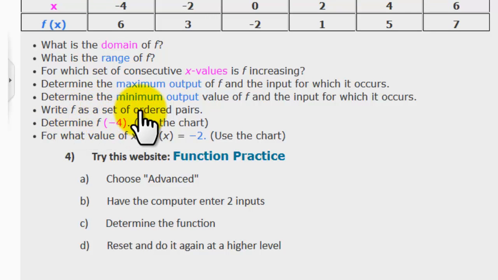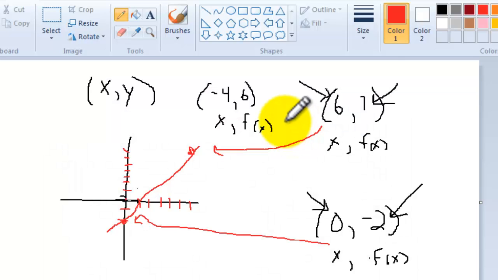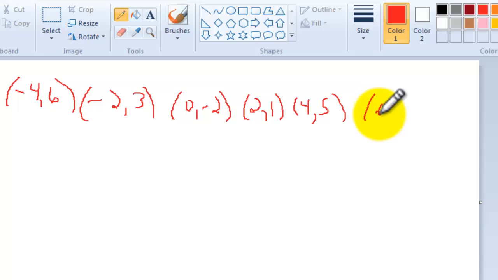Write f as a set of ordered pairs. The whole function is a set of ordered pairs. Those ordered pairs are -4, 6. -2, 3. And how do we write that whole set of ordered pairs? Okay, so 6, 7 being the last set of ordered pairs.